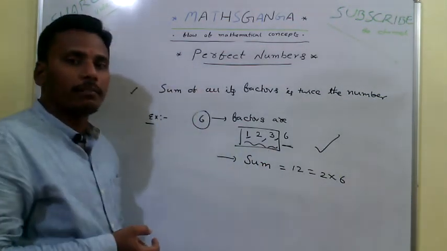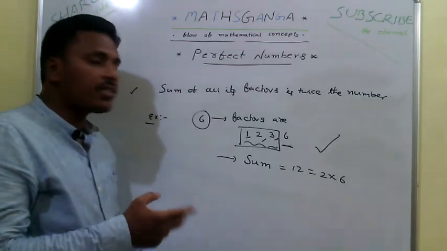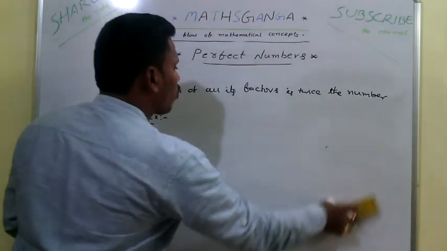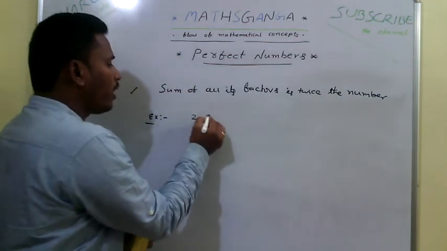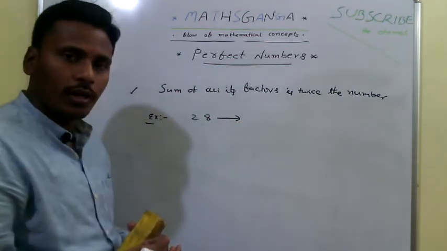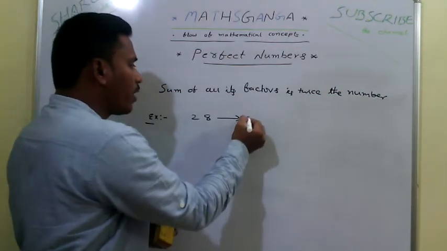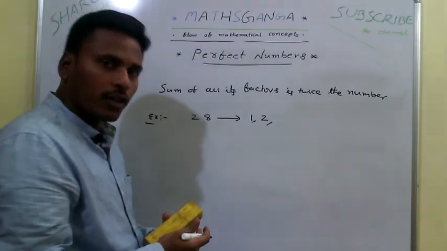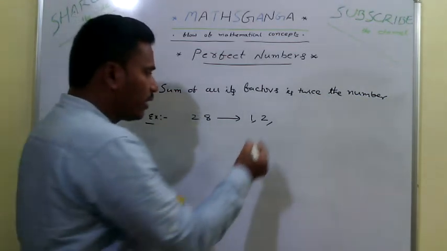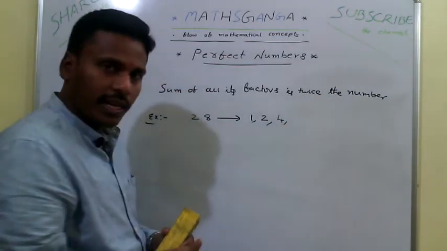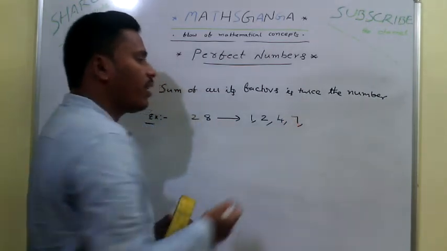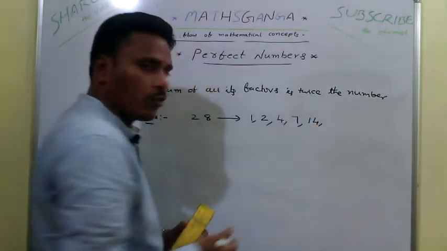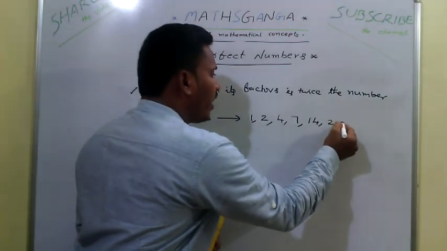So it is a perfect number. In the same way, if you take some other number, say 28, and list all the factors of 28, what are the factors of 28? 1 is a factor, 2 is a factor, 3 is not a factor, 4 is a factor, and 7 is a factor. In the same way, 14 is a factor, and then 28 is a factor.